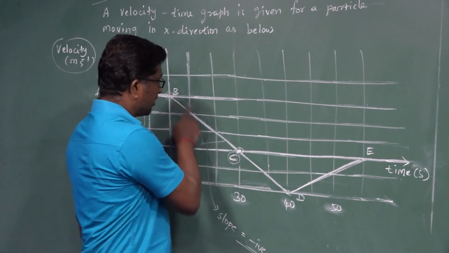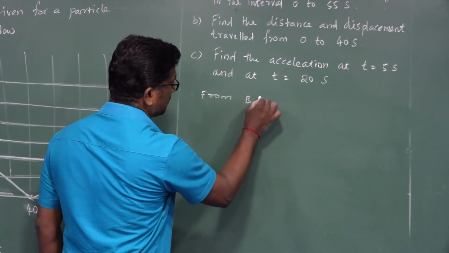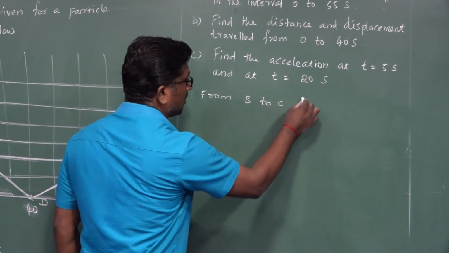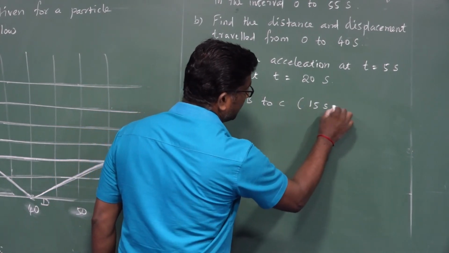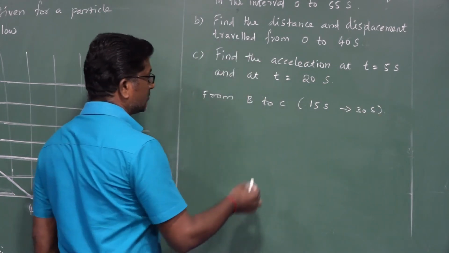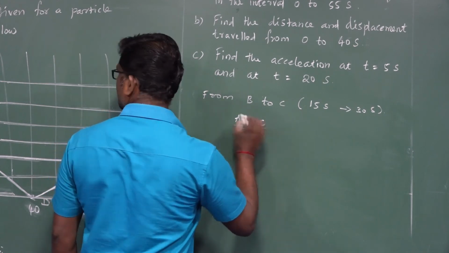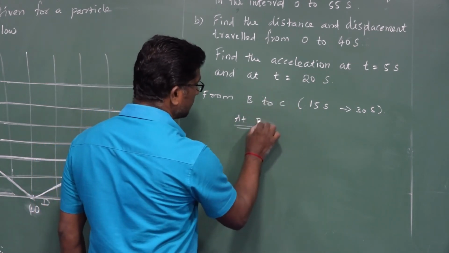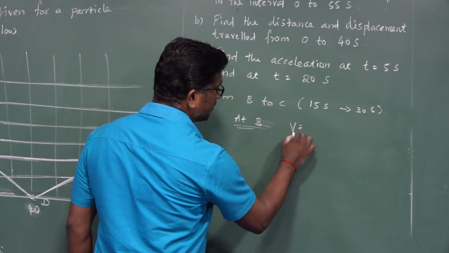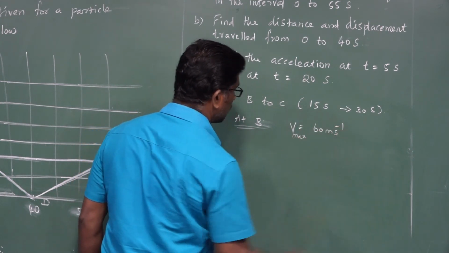Right. From B to C, or from 15 seconds to 30 seconds, right? At point B, the particle velocity is maximum, that is 60 meters second power minus 1.